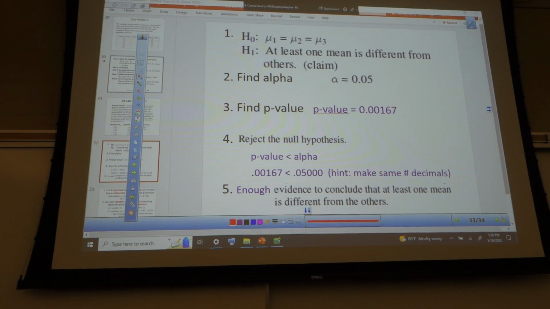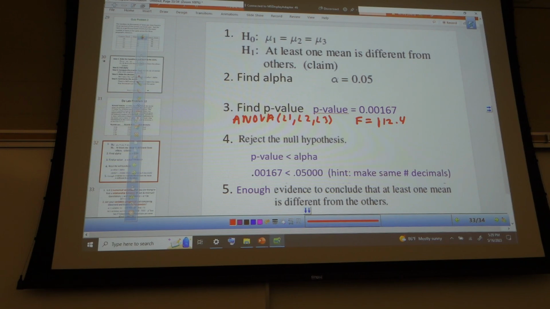Alpha is 0.05. And then for step 3, we're going to do ANOVA of, let's see, how many lists do we have? 3. So you ended up with an F value of 14.149, and then a p-value of 0.00167.